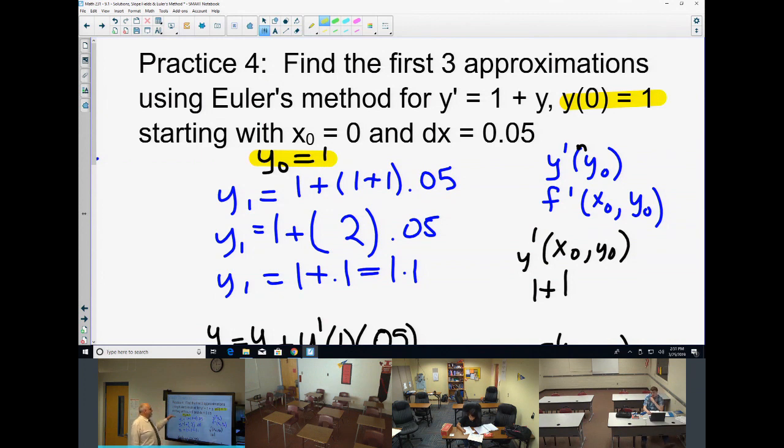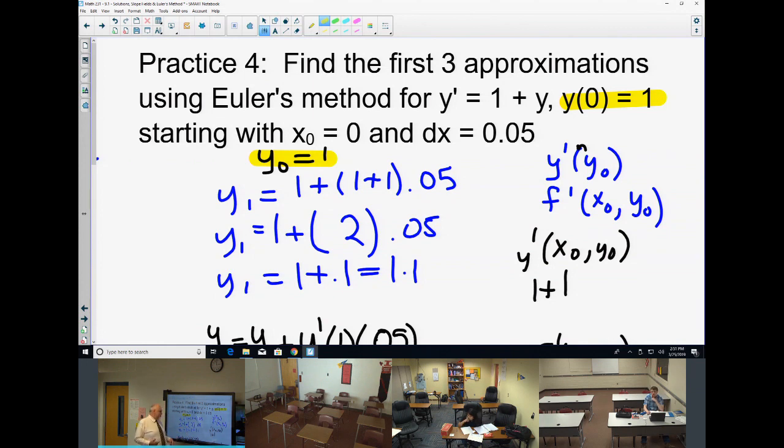And so then y sub 1 is y sub 0 plus, when you plug in 1 for y into the function, the derivative, 1 plus y, so 1 plus 1, the last guess, times the dx, which is 0.05. This is just a calculator operation at this point. You could put it all in there and you would get 1.1. That's your y sub 1.